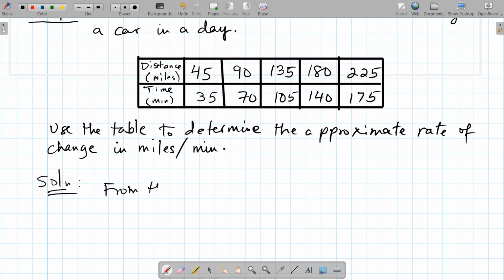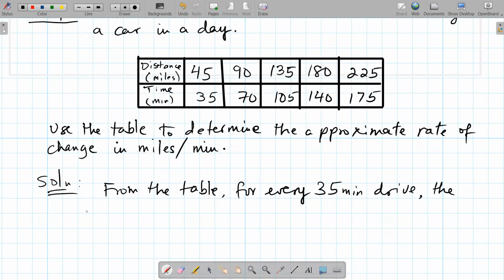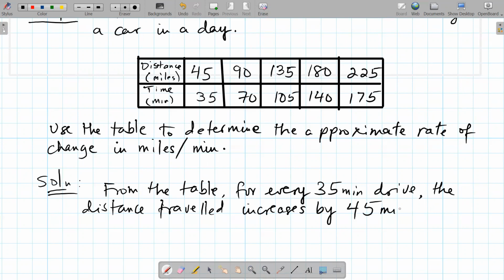From the table, for every 35 minutes drive, the distance traveled increases by 45 miles.